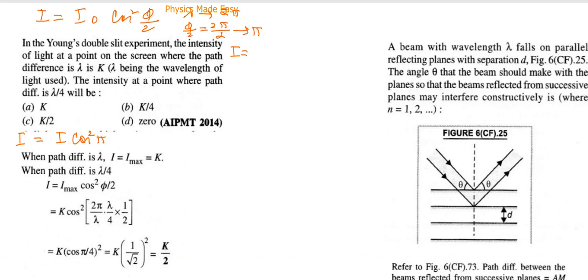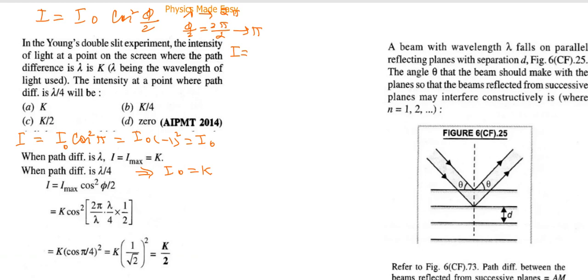Now cos pi is minus 1, so this will be equal to I naught times minus 1 square, that is I naught, and this has been given to be K. So this implies that I naught is equal to K. Now I naught is given.